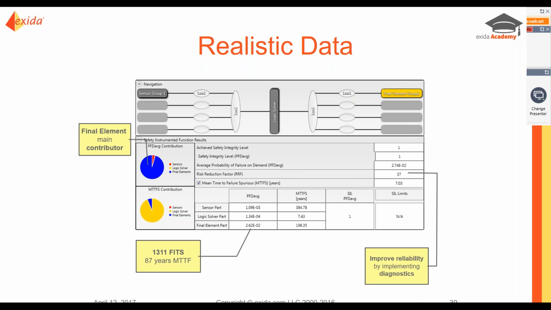But anyway, then you have your PFD average. The final elements, the valve, actuator, solenoids, are now 1,300 FITs, or 87 years.